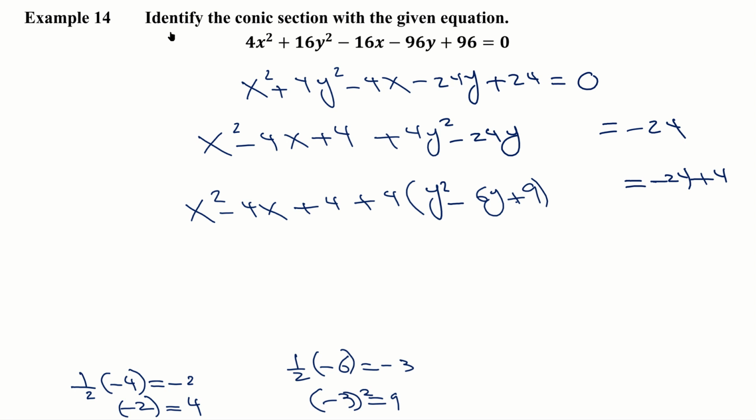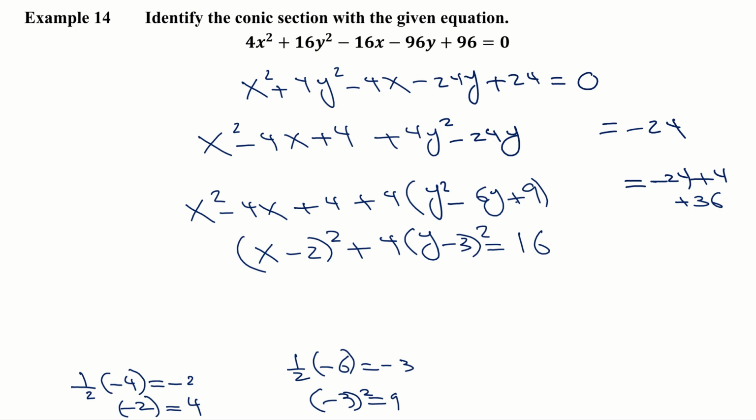But remember, you're not just adding 9, you're adding 4 times 9, which is 36, so plus 36. So we have quantity x minus 2 squared plus 4 times quantity y minus 3 squared equals -24 plus 4 is -20 plus 36 is 16, right?